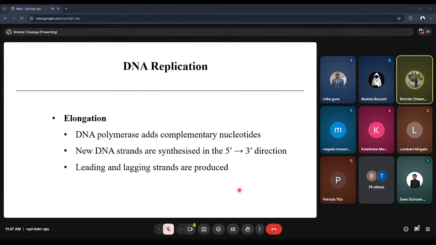And this is where I need you to remind yourself of the structure of a nucleotide, which I won't be looking at, by the way, but my understanding is that we know. Because if you understand the structure of the nucleotide, it will help us understand that the new strand is synthesized in the 5 to 3' direction. When you look at the structure of a nucleotide, it has 3 parts, doesn't it?